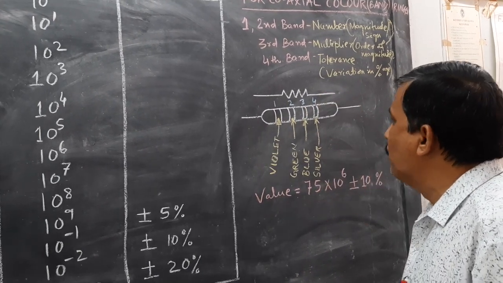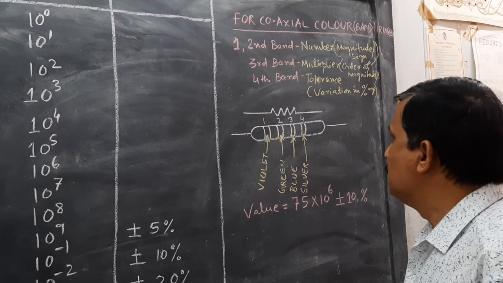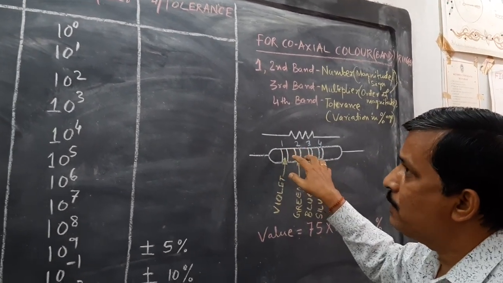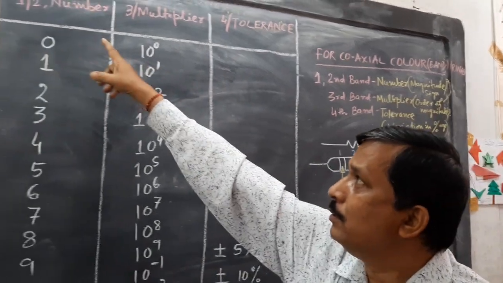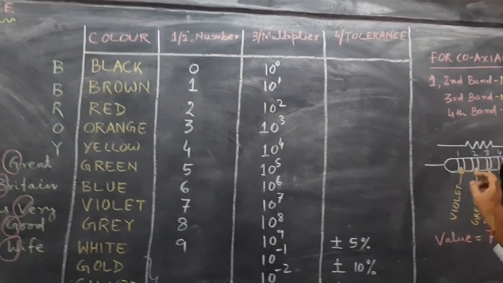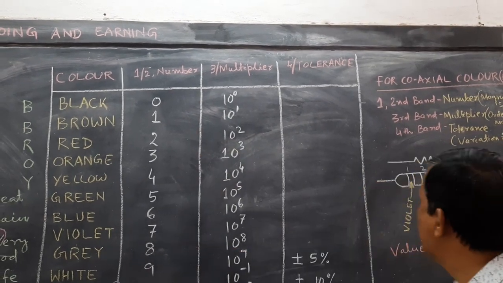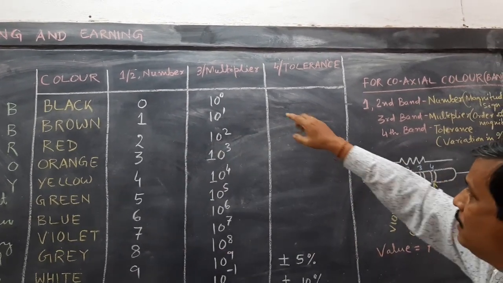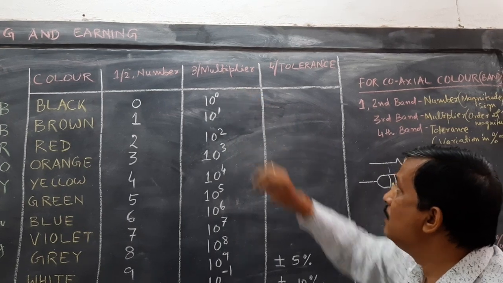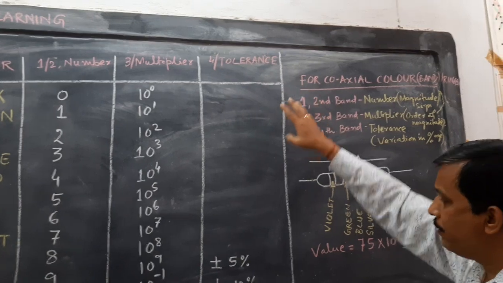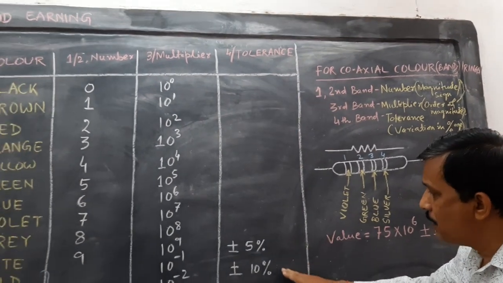I have taken a 4-band color resistor. So the first two values, first band and second band, you will take from this table. The third band is the multiplier, and the fourth band is the tolerance, whatever I told you, the tolerance value.